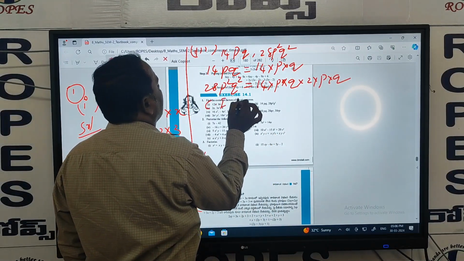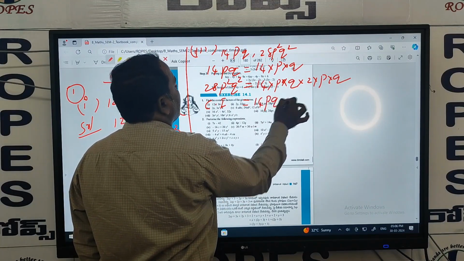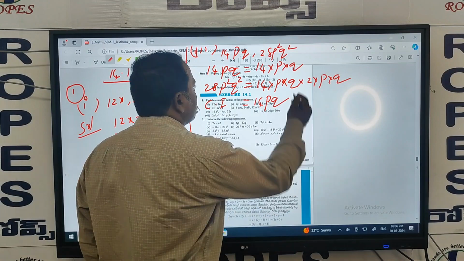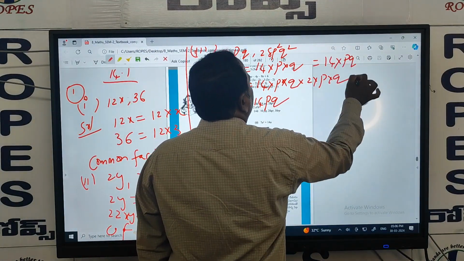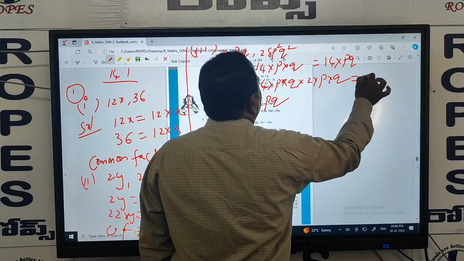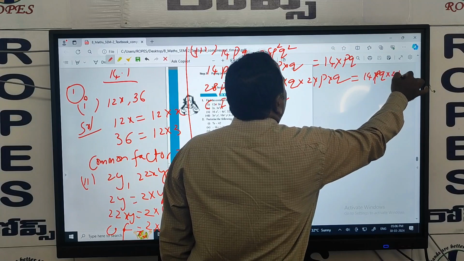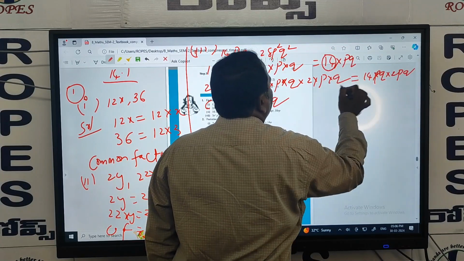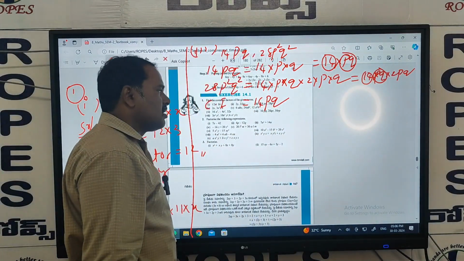The common factor is equal to 14pq. Otherwise, directly you can write 14 into pq. This one also, 14 into pq into 2pq. So here also we can identify 14pq. These are the common factors.